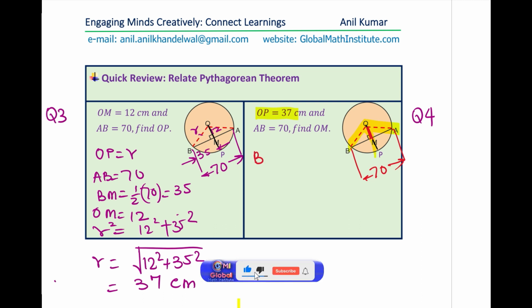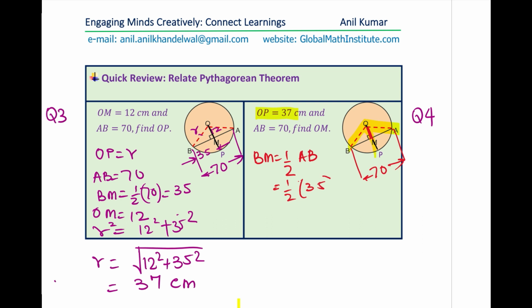So let's find what BM is, which is half of AB. So it is half of 70, which is 35, just as we did earlier, correct? And we know that the radius here is given to us as 37. So we know that OB is equal to the radius, which is equal to 37.